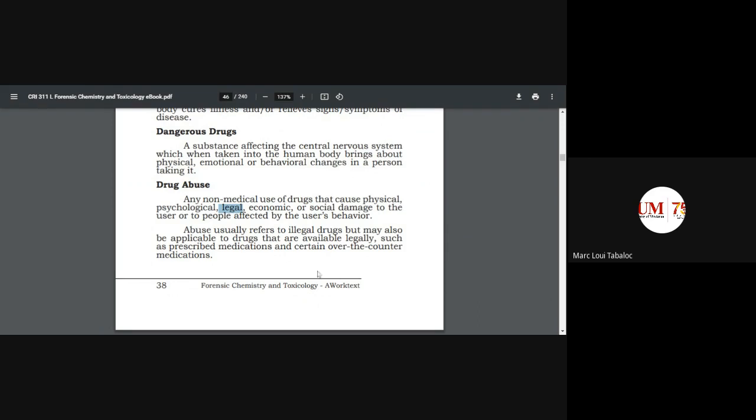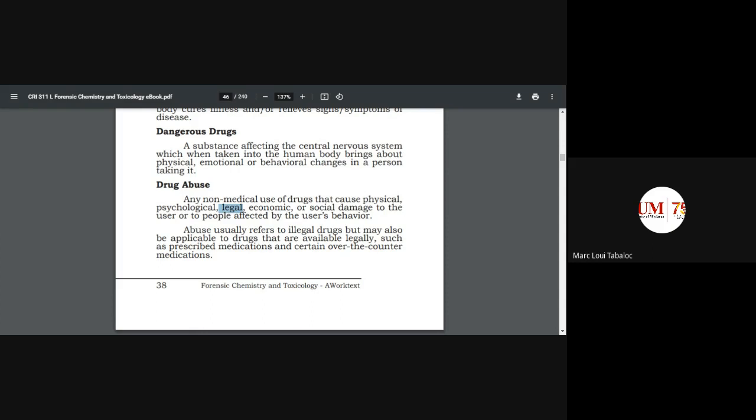When we say abuse naman, of course, in relation to illegal drugs, that's basically the tendency of individuals to indulge in drugs that are not allowed or prohibited by law, or those who indulge into drugs that are not prescribed by doctors and would cause damage to the body. And those drugs also that are not available legally. Yan.